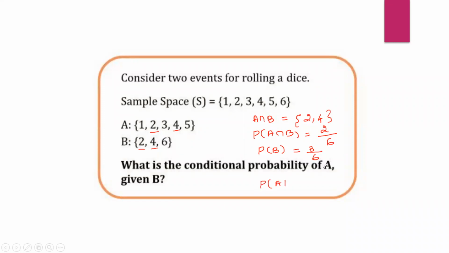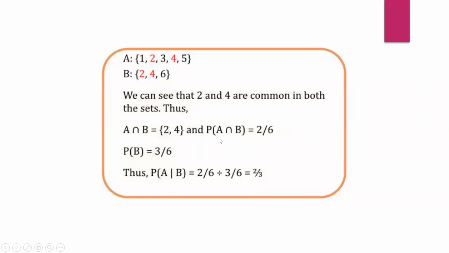Probability of A given B is equal to probability of A intersection B, which is 2 by 6, divided by probability of B, that is 3 by 6, which is nothing but 2 by 6 into 6 by 3. So 6 cancels. What is the answer? 2 by 3. Let's see whether we are correct or not. Yes, you can see that our answer is correct, right?